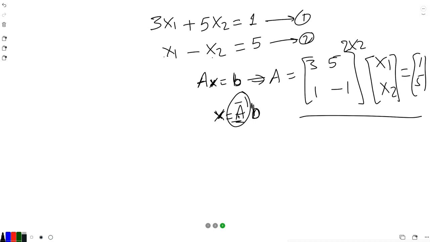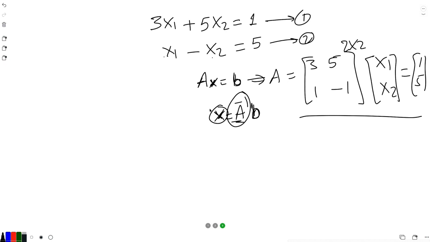Otherwise, it can be a singular matrix where A inverse does not exist. The reason is that when the matrix A is non-singular, it means you have independent rows and independent columns, but if it is singular, it means we have dependency, and when we have dependency, the inverse does not exist, and then we cannot find a single solution for the point x.